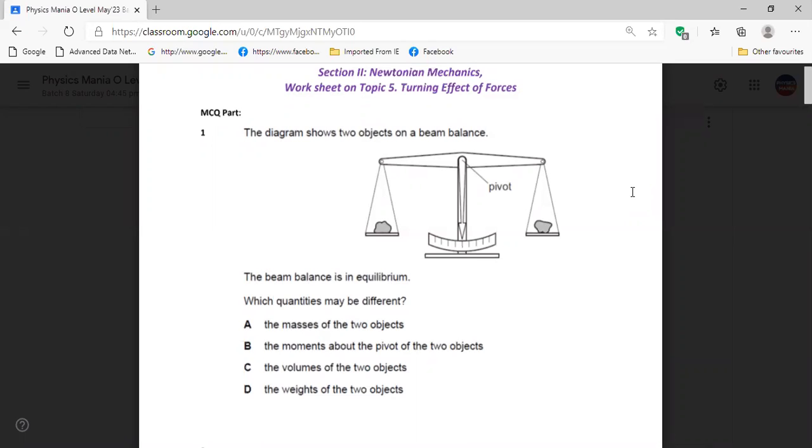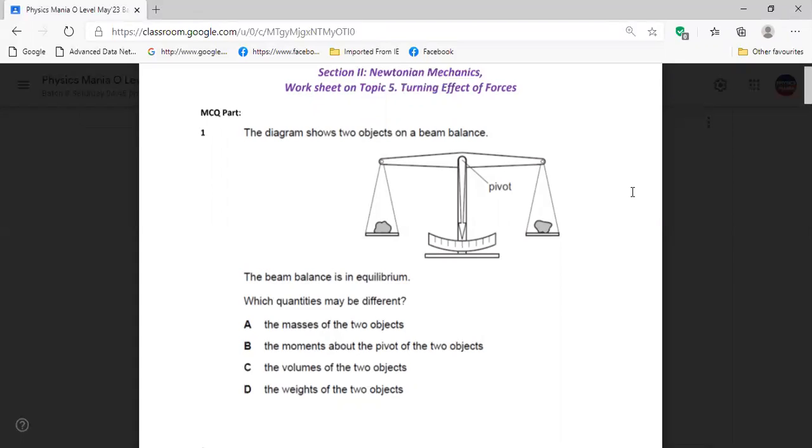For example, when we consider a seesaw, if we increase the distance but the mass is less, it can still have the same equilibrium as on the other side, if the moments are equal. Here we see the pivot and the distance of both the objects. They are also at equal distance from the pivot.